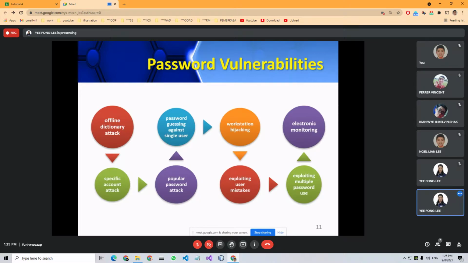Exploiting user mistakes. When the system assigns a password, if let's say we depend on a password manager, or any software assigns us a good password, sometimes users tend to write it down because it is not easy for us to remember those difficult passwords, right?